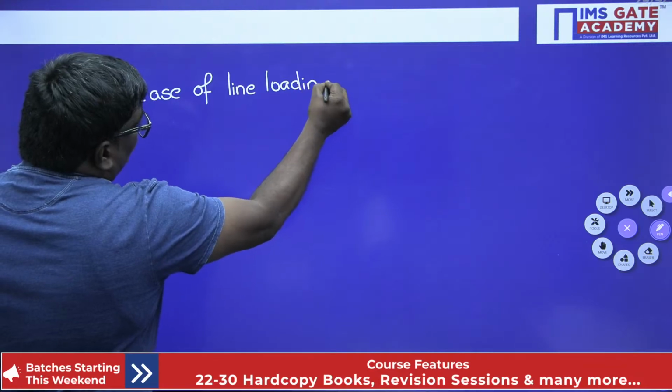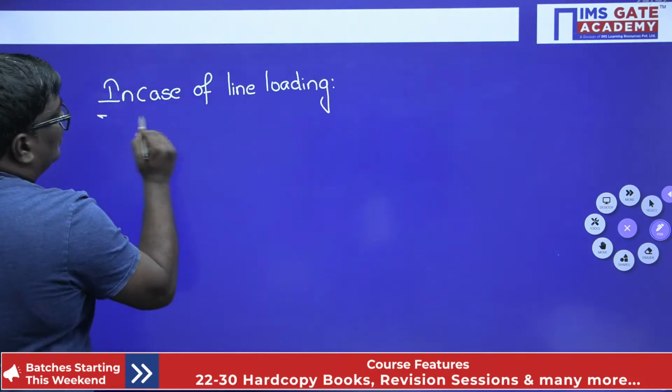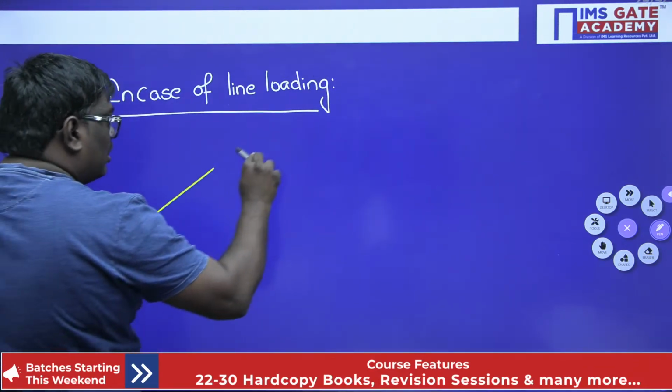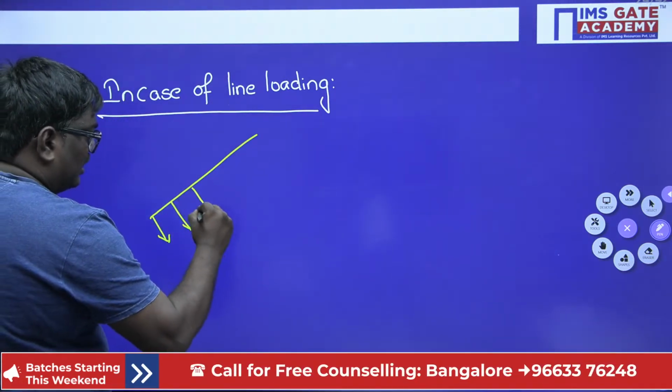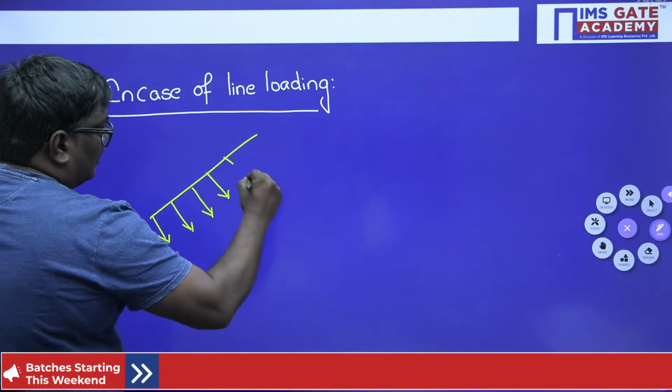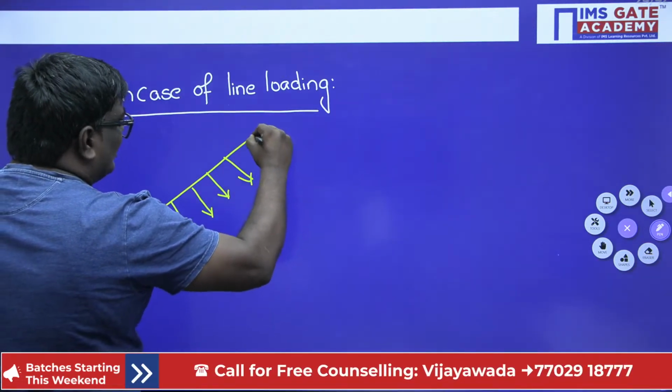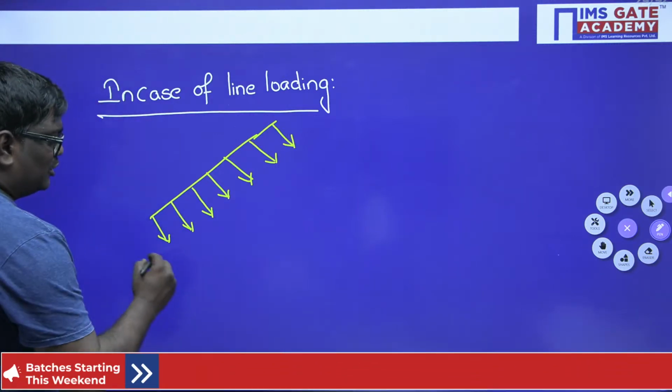So my dear students, when I talk about line loading, the line loading will be something like this. Or you can say line loading is nothing but, in simple words, uniformly distributed loads.